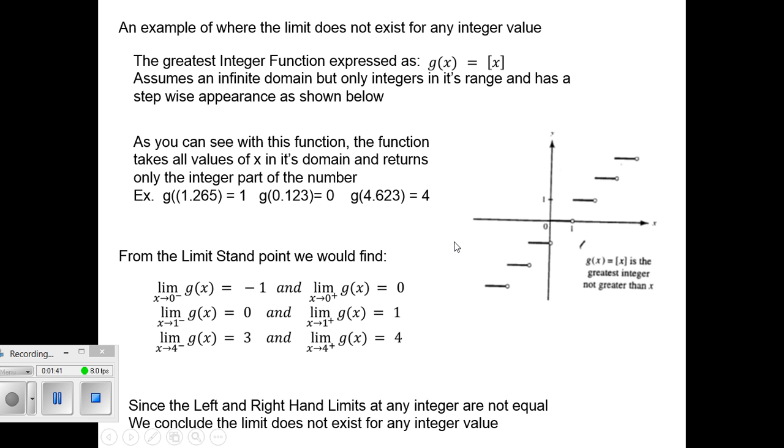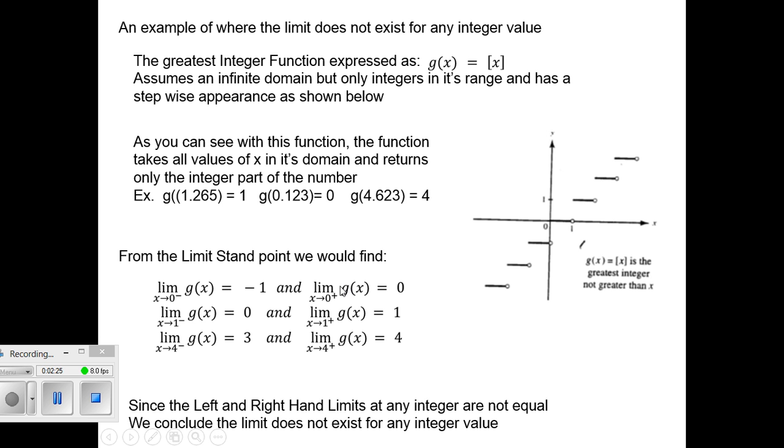Now, this is a classic example for explaining the left and right hand limit and why the limits do not exist for any integer value. Let's ask what happens as x approaches 0. In order to determine what happens as x approaches 0, we have to look at it coming from the left side and coming from the right side. Let's examine the limit as x approaches 0 from the left side, values slightly less than 0.